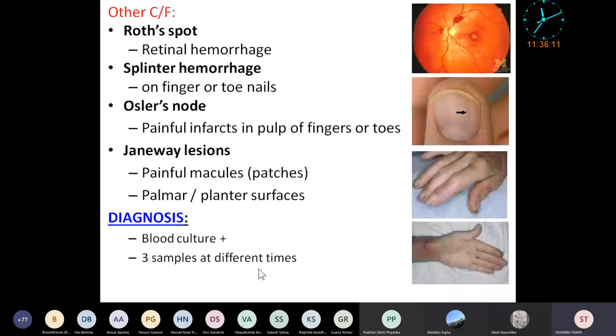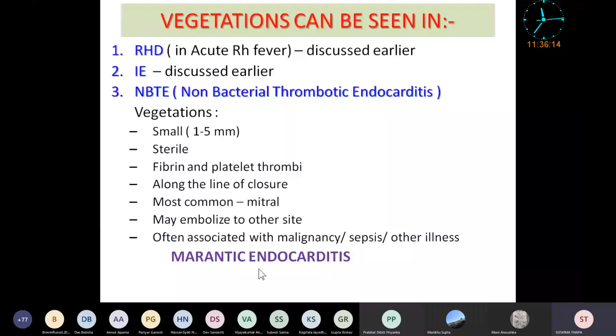So we talked about the vegetations. In case of infective endocarditis, there were two types of vegetation. Previously we also talked about the vegetation in case of rheumatic heart disease. Yes or no? Do you remember?